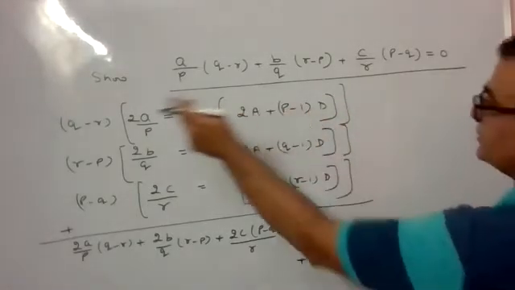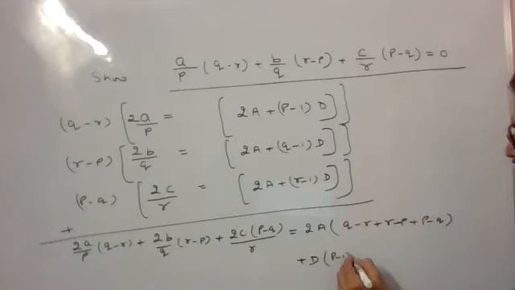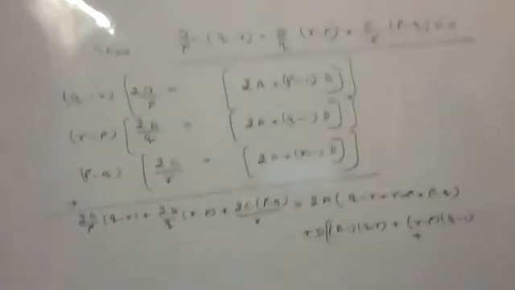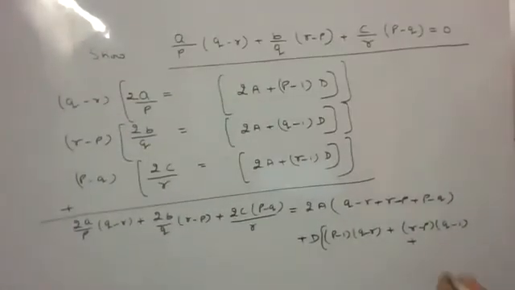What is left? P minus 1 into Q minus R, plus second will be R minus P into Q minus 1, and then plus P minus Q into R minus 1.